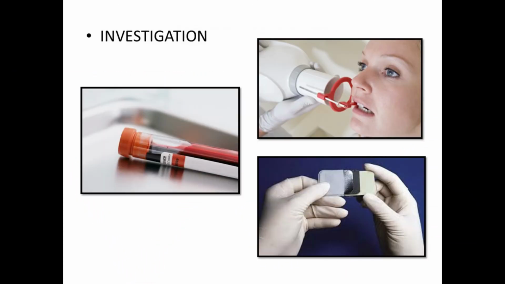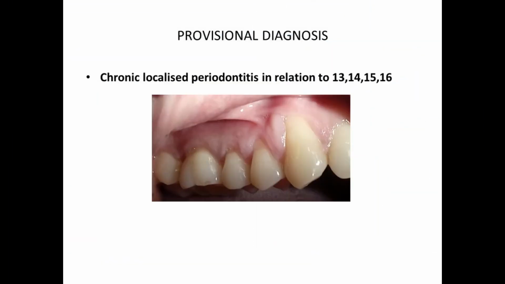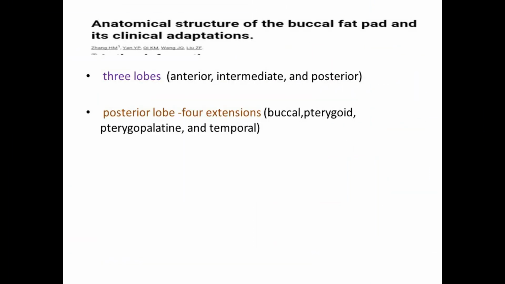We did investigations starting from the common blood investigation and radiography. Before proceeding with the surgical procedure, we will review the literature on the anatomical structure of the buccal pad of fat and its clinical adaptation. As we all know, it has 3 lobes: anterior, intermediate and posterior. The posterior lobe has 4 extensions: the buccal, pterygoid, pterygopalatine and temporal extensions.